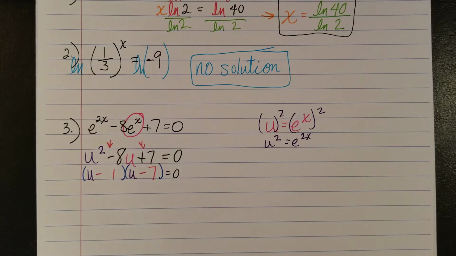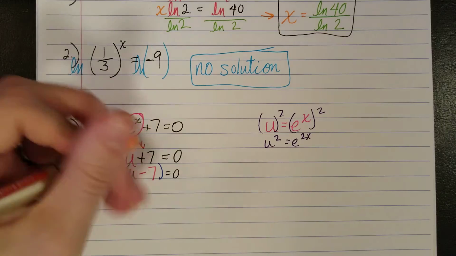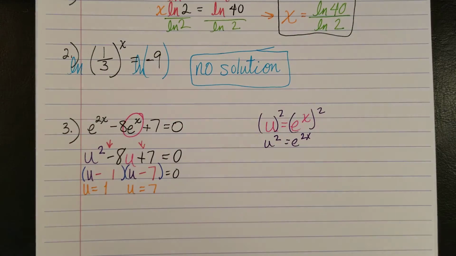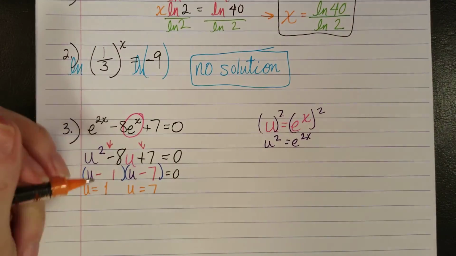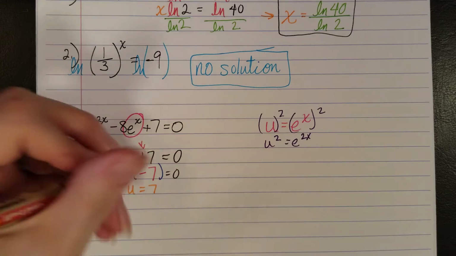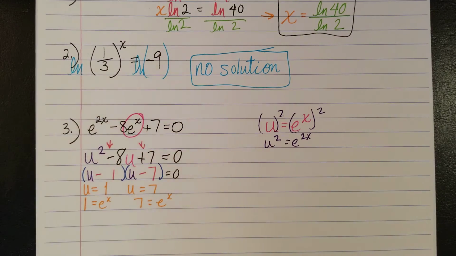So that means that u equals 1 and u equals 7. But we still want to solve for x. So we know that u equals e to the x. So that would be 1 equals e to the x, and 7 equals e to the x.